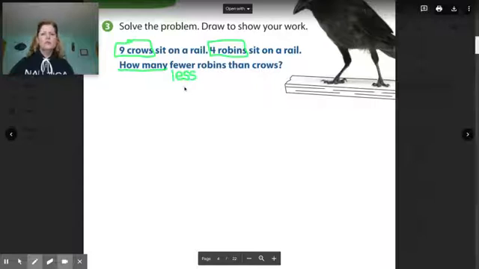Greater means more. How many fewer robins than crows? I want you to work on this for a minute and hit pause, and then come back and let's see how we solve this. Hit pause and I'll see you in a minute.